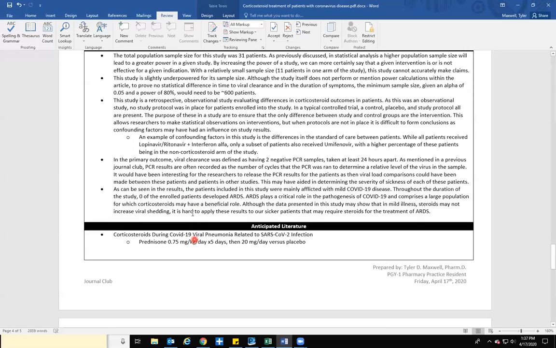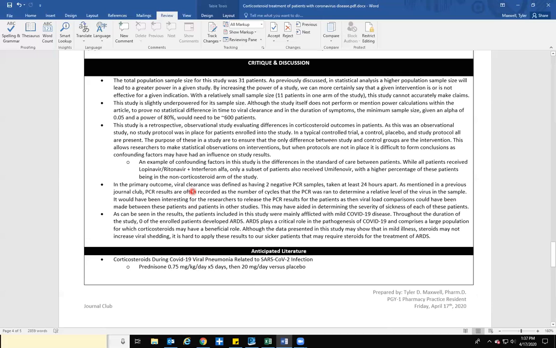With that being said, I think in conclusion for this study, there is some good data pointing to the fact that the corticosteroids may not actually be increasing the time to viral shedding for this virus. But it would be interesting to see this data in a patient population that is more similar to ours. And so I think that at this point, it would be important just to play it on a case-by-case basis.